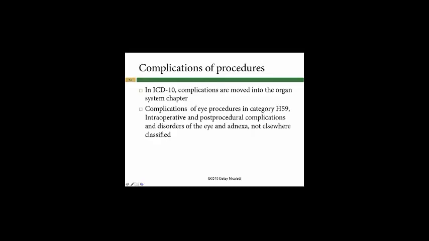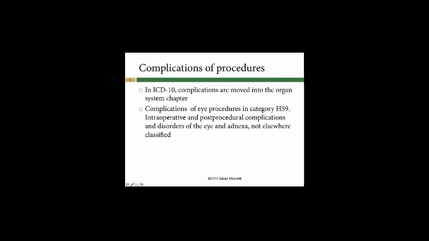Now let me talk about complications of procedures, because this is something that changes significantly from ICD-9 to ICD-10. So some of these codes are moved to the back of the chapter that we're working in. So in this case, they're moved to H59.